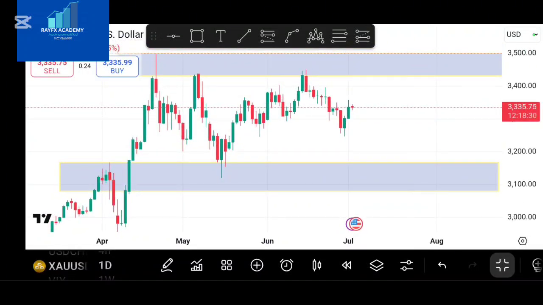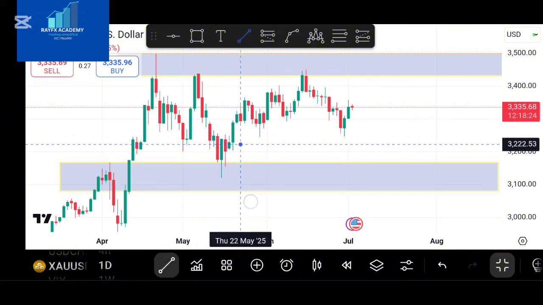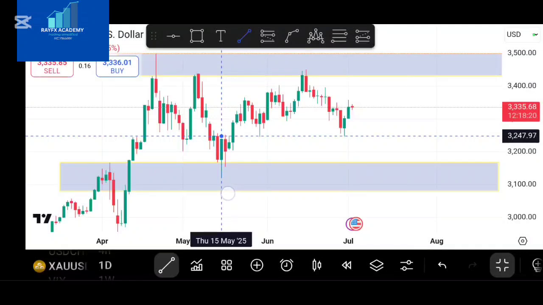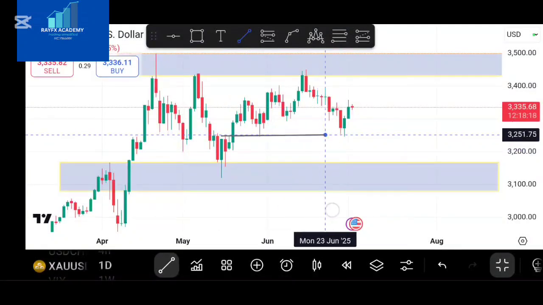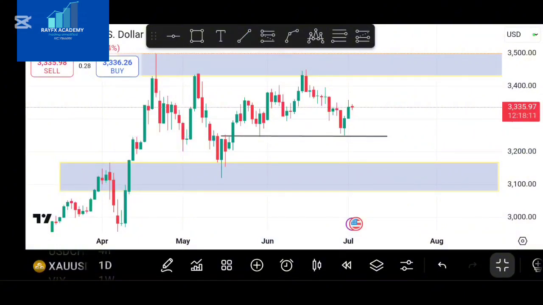At this point, this here is a very critical zone. This point is inner resistance. You understand?